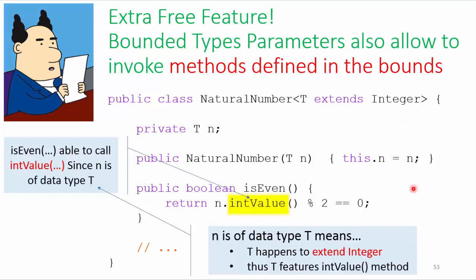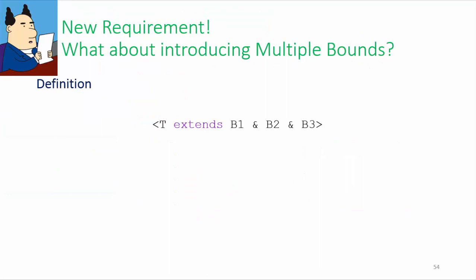So that's another advantage, another feature of using those bounded type parameters. They allow you not only to restrict what kind of type parameter will be specified, but they also allow you in your code to rely on this information. You know that T will be a subclass of Integer, therefore you know that you can have access to a bunch of methods defined in Integer and its superclasses.